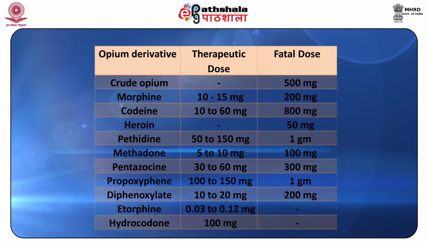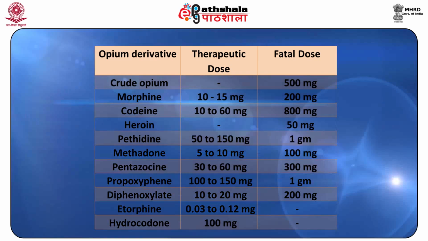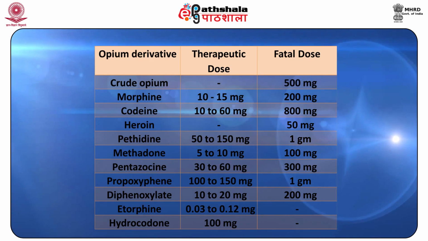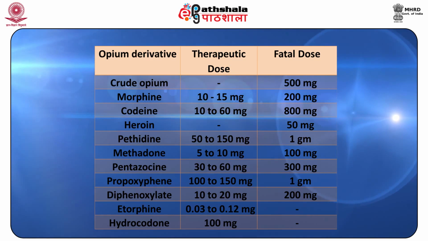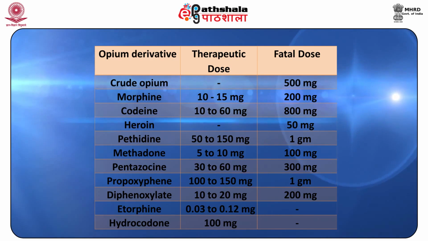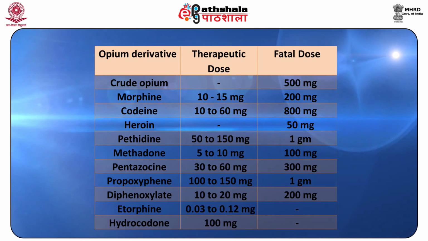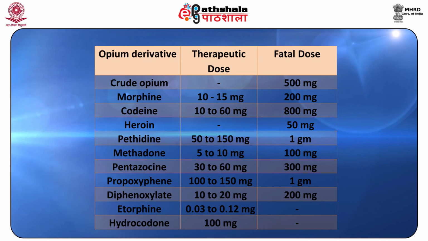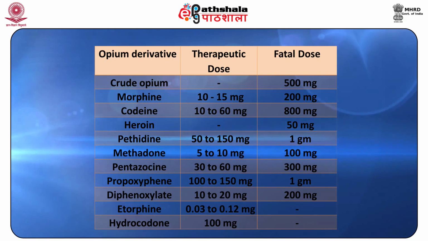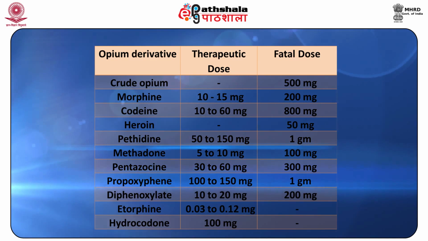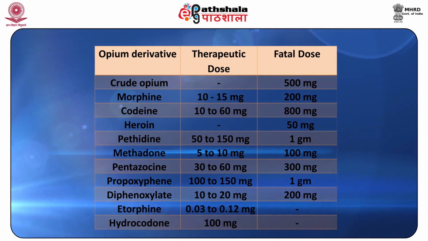Next is propoxyphene. The propoxyphene has the therapeutic dose of 100 to 150 mg and its fatal dose is only 1 gram. Next we have diphenoxylate, which has its therapeutic dose of 10 to 20 mg and fatal dose is 200 mg.